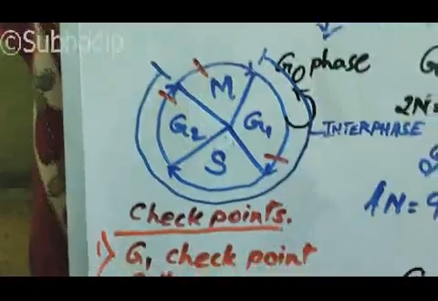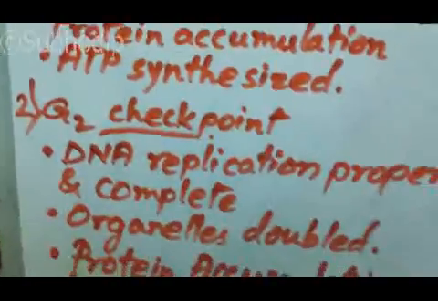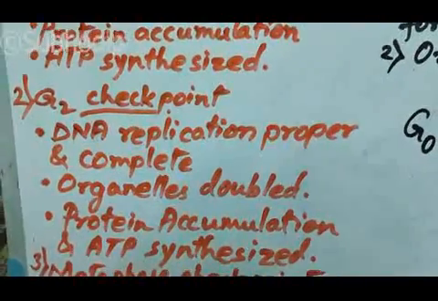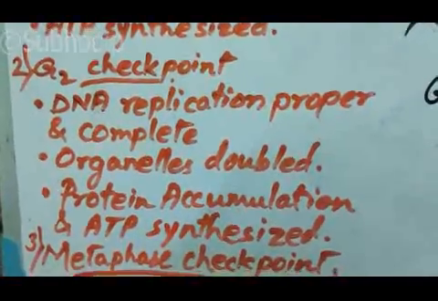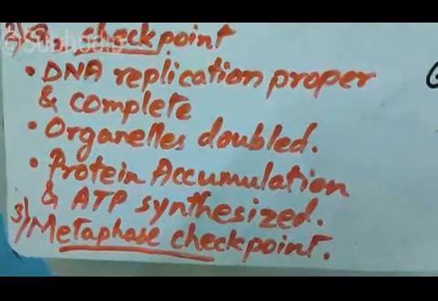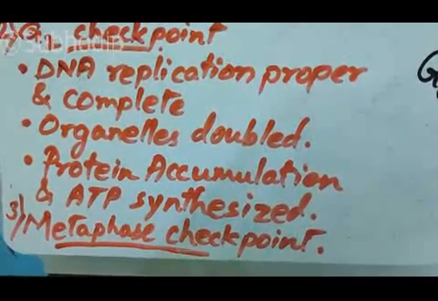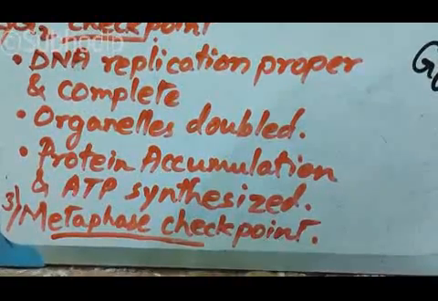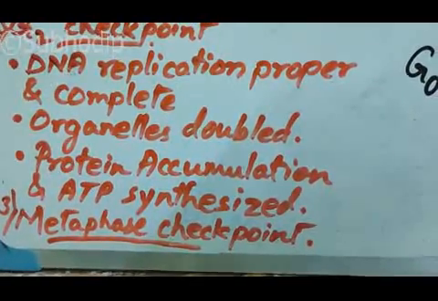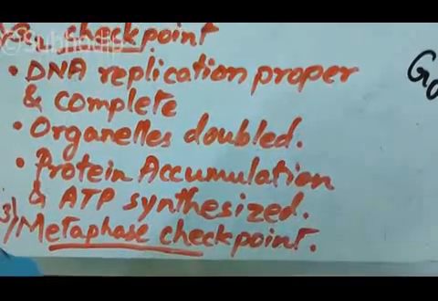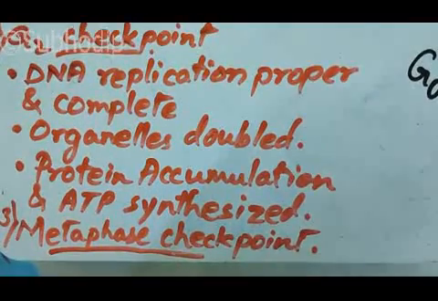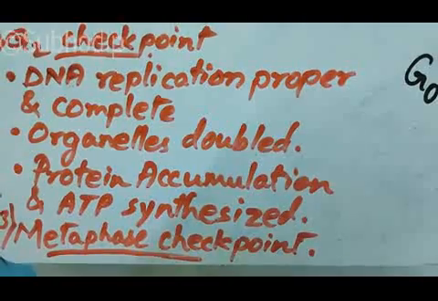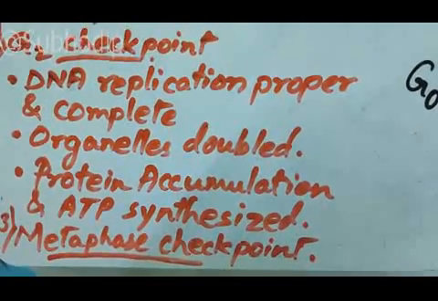The G2 checkpoint checks whether the DNA replication has been proper and complete, whether the organelles are duplicated or not, and whether the protein accumulation and ATP synthesis for the requirement of the mitotic or cell division phase has been done or not.